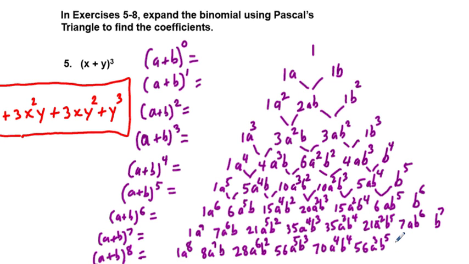Okay, plus 28 A squared B to the sixth. We have 7 plus 1, we're going to have 8 A B to the seventh, and then we're going to have B to the eighth power. So our coefficients are 1, 8, 28, 56, 70, 56, 28, 8, and 1.